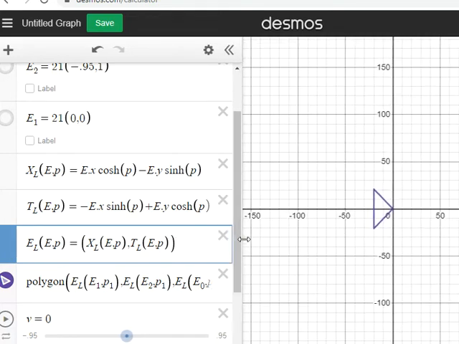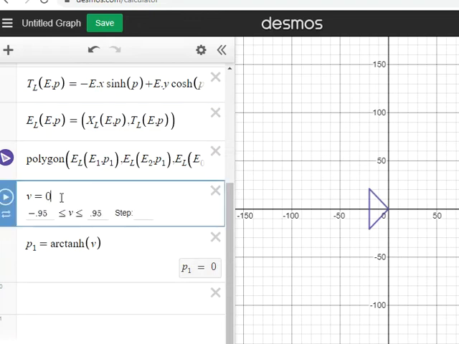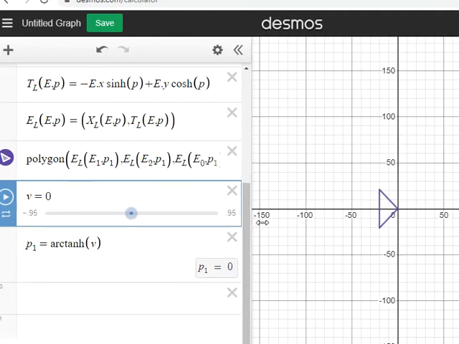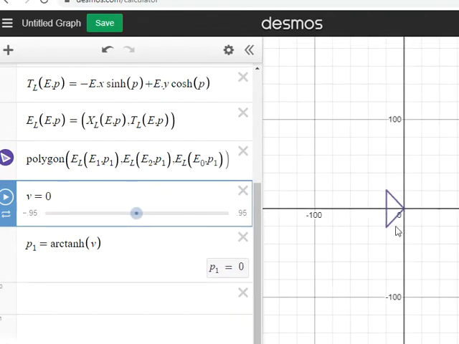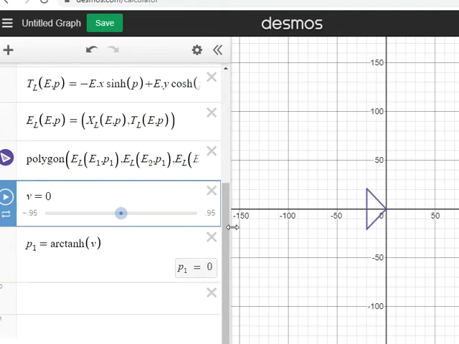This is based on the rapidity, so I'm going to have the rapidity calculated from the velocity. I'm allowing the velocity to go from negative 0.95 to positive 0.95. And then I'm just drawing a polygon of those three points so that I can see the three paths.